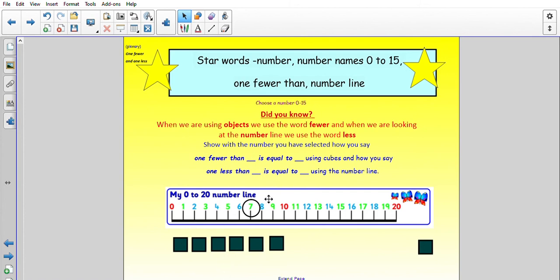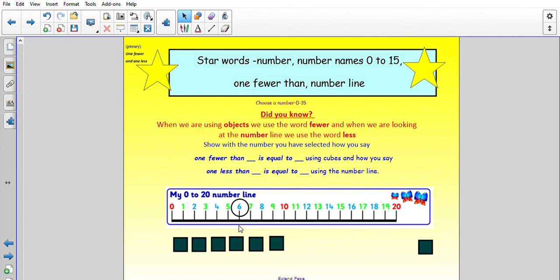Then when we're using our number line, and here's my number line, and I've got number 7 ready as well. But with our number line, we tend to use the word less, because as you go up your number line, you get more and more. So we're going to go 1 less than 7. So I'm going to move it 1 this way. What's there? 6, you're right. So I can say 1 less than 7 is equal to 6 when I'm using the number line.